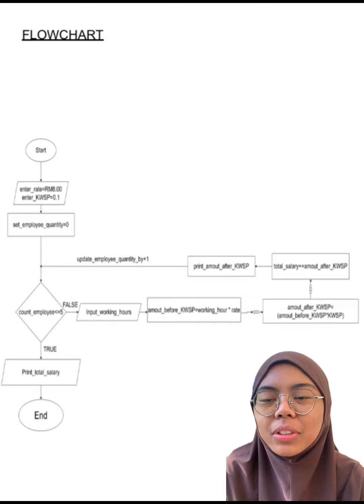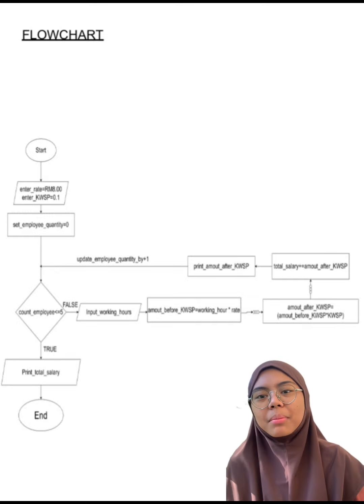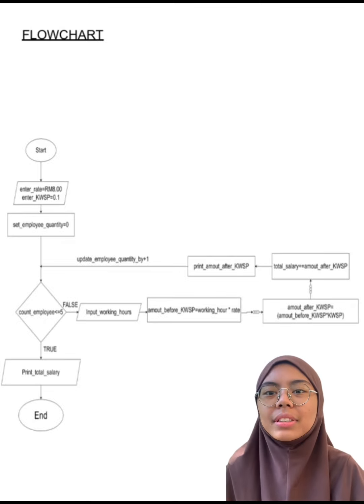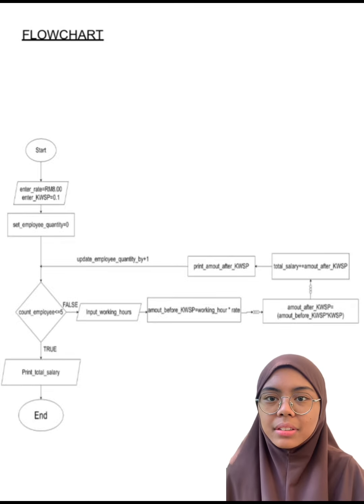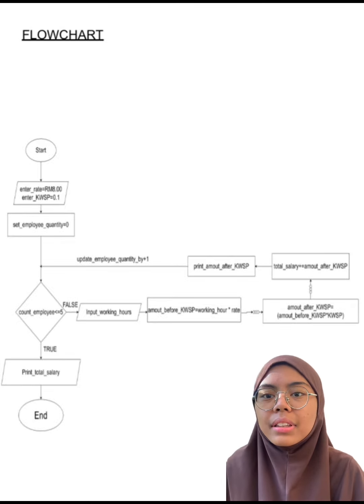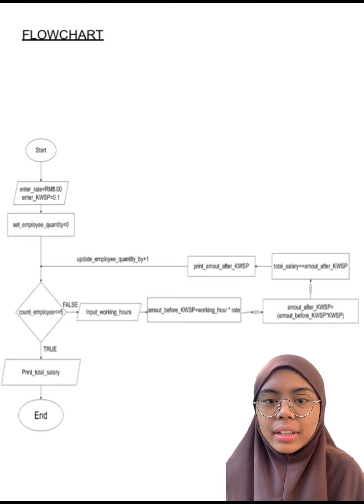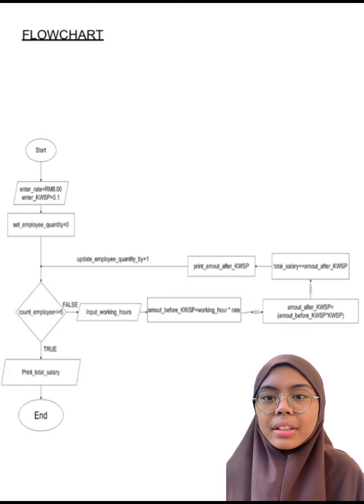My name is Nadeea and I'm going to present the part of the flowchart. So we start with the circle shape, then we input the rate and the KWSP, then it goes to the process set employee quantity, then it goes to the conditional statement.